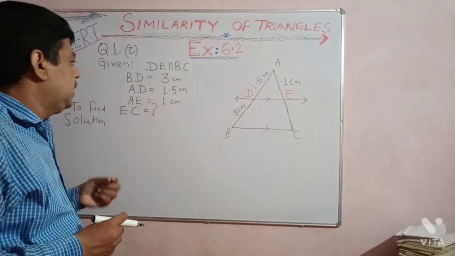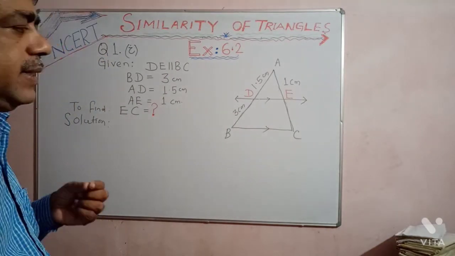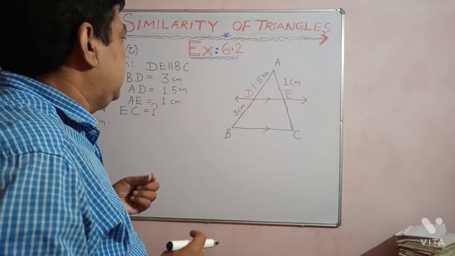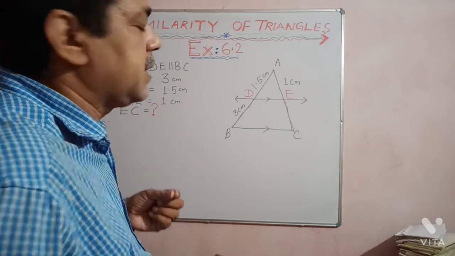Since the line DE is parallel to the side BC of the triangle ABC, here you can clearly understand AD upon BD is equal to AE upon CE.